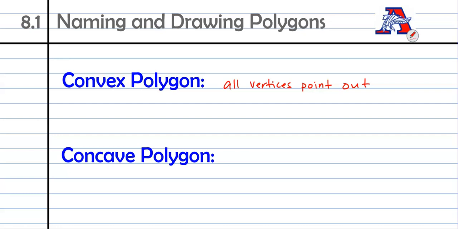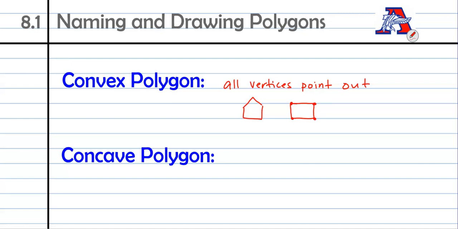So maybe like a pentagon, like a home plate in baseball. That side got a little weird there. I'm gonna try that again. There we go. That looks a little bit better. So that would be an example of a convex polygon, or even like a square. All of our vertices are pointing outward. These are our vertices. They are all on the outside of the shape.